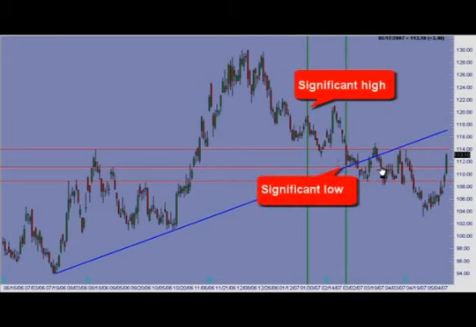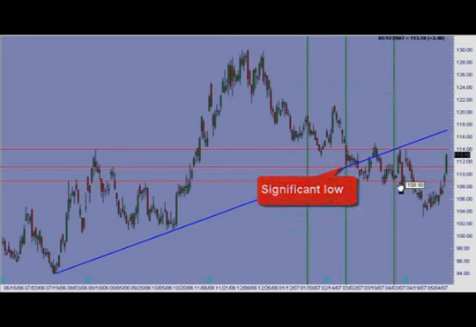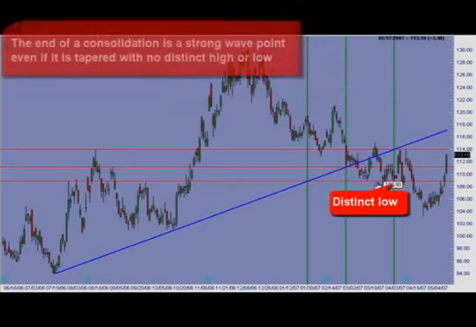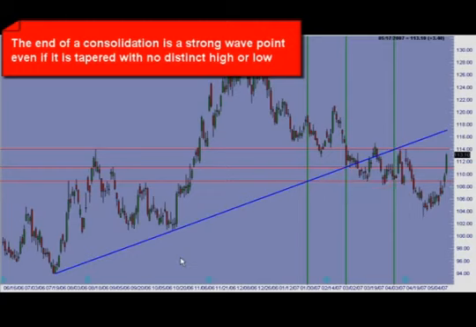And finally we have one over here, which, well, it's a part of a consolidation, but again a distinct low. And so it provides a source of significant reversal signals, even though itself may not stand out. In fact, it may be weak where the market's rising to go into line with the trend rather than providing a distinct point itself. So do not forget to use the end of the consolidation.